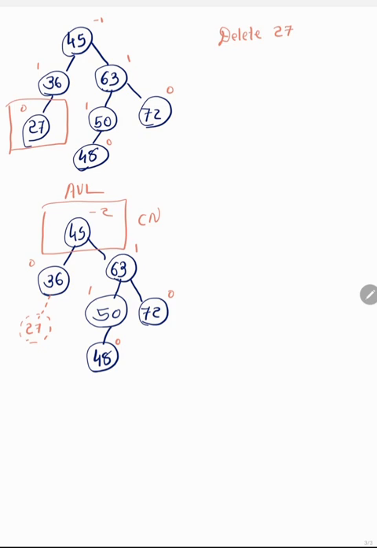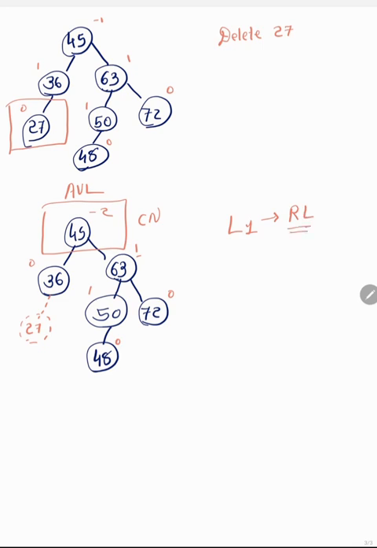So that's an L kind of rotation, and in that you need to check the balance factor of the critical node's right child, and that's a 1. So now it's an L1 kind of rotation. Now L0 and L-1 both are RR rotation, but this L1 is not an RR rotation, it's a double rotation, that's an RL rotation, right?